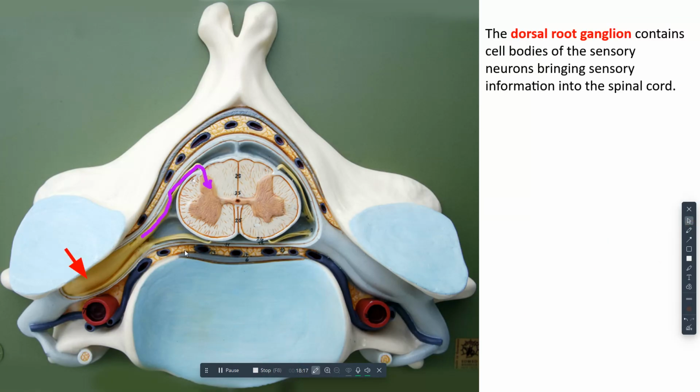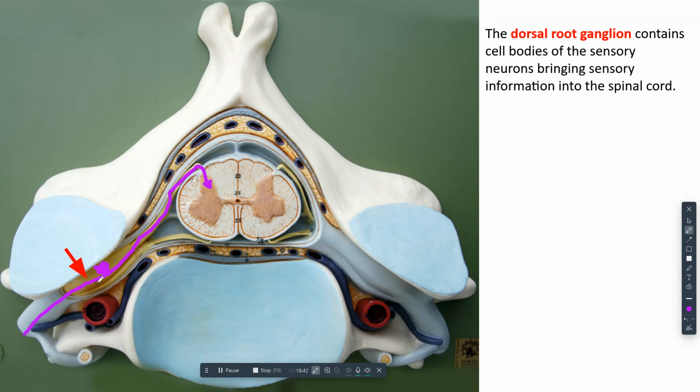Now, about those dorsal root axons, well, structurally, what kind of axons are they? They are unipolar axons. So unipolar neurons, rather, have their cell body along the way.